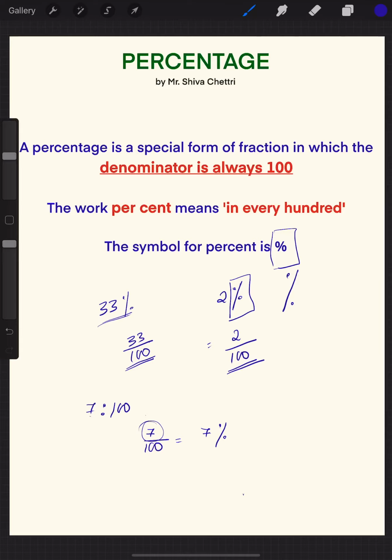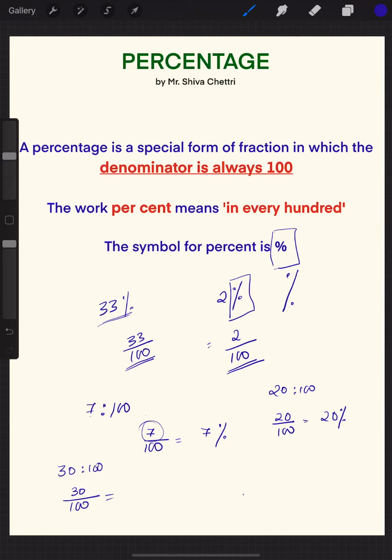Suppose I have 20 is to 100 as given in the exercise example. I will write 20 out of 100, which means it is 20%. Even if it is given as 30 out of 100, it means it is 30%.